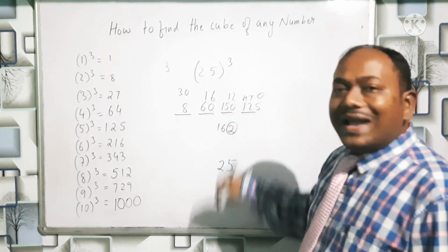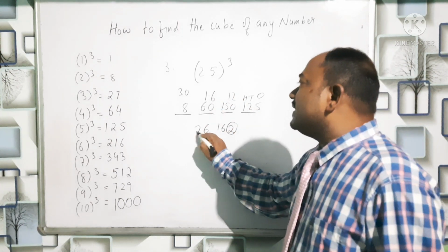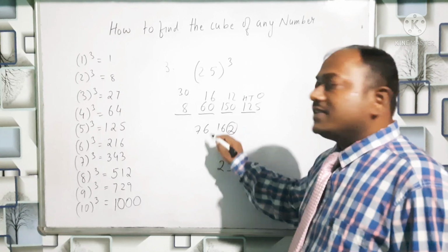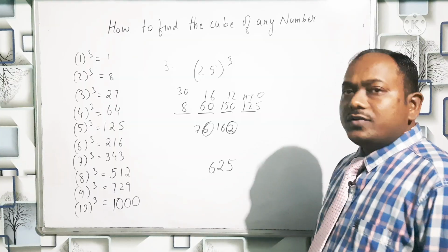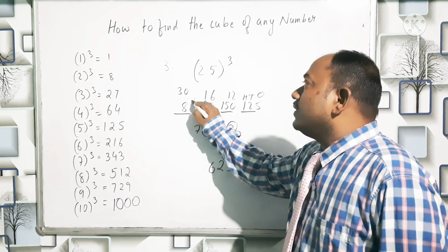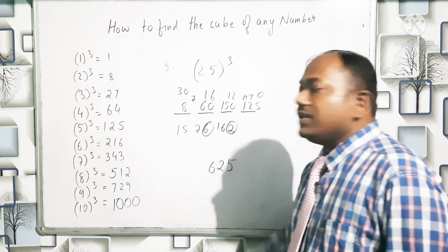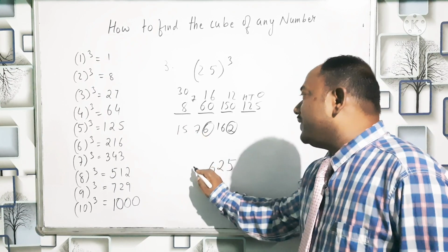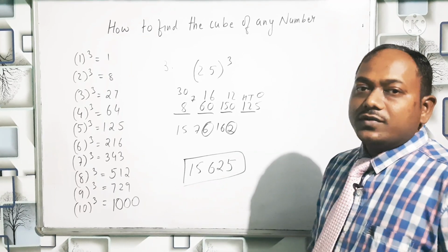Now add it. 6 plus 0, 6, 6 plus 1, 7. Now we'll take 6 from the ones place. 7 will be carried toward 8. Now add 7 plus 8, that is 15. Now write 15 here. So the answer is 15625.